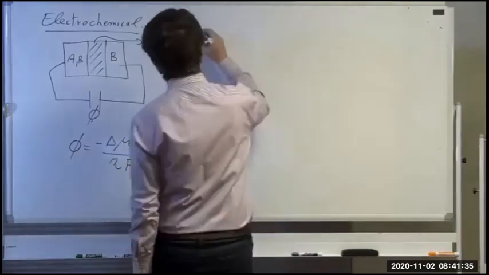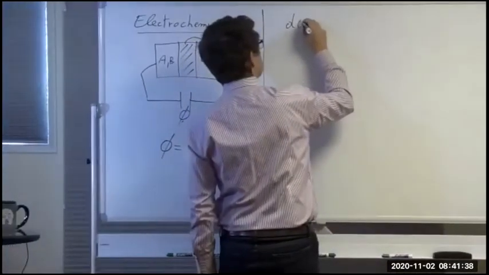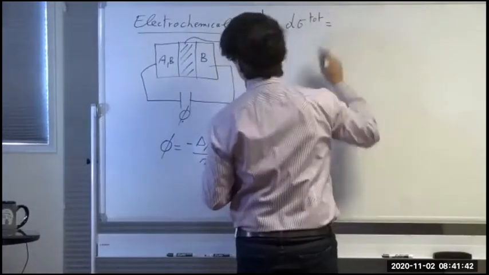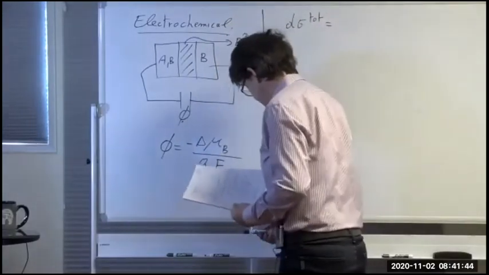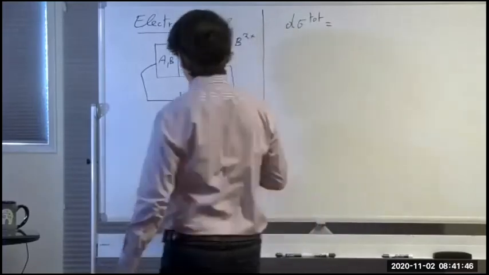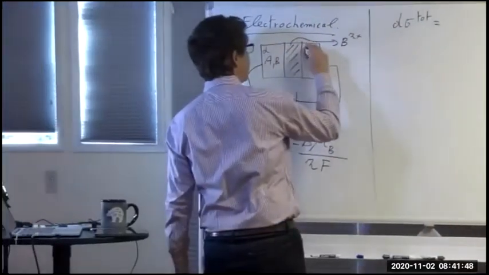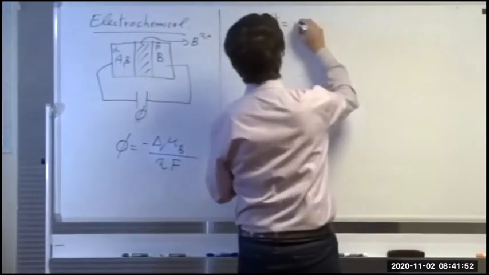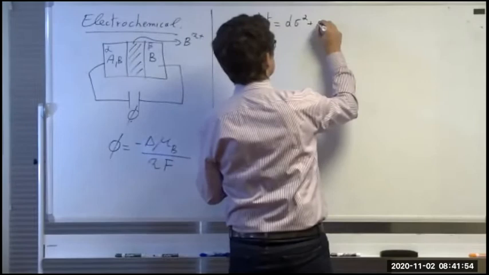So equilibrium here is delta G total should be minimal. I'll just call the left side alpha and the right side beta as the two phases. So that's dG alpha plus dG beta.